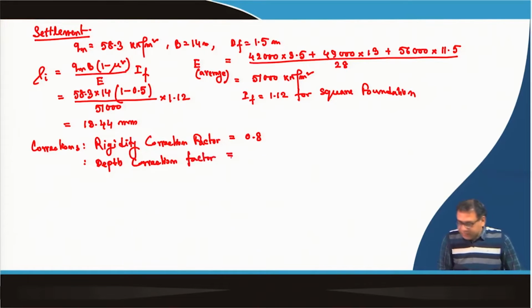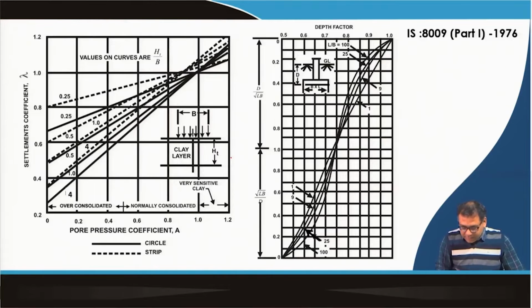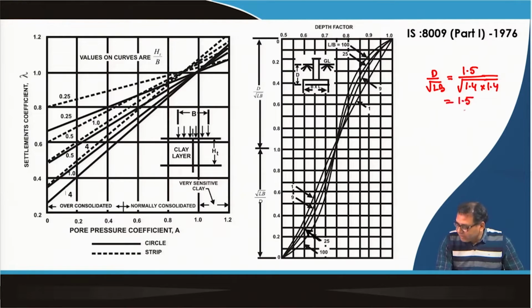So, that value is how much? I will use this chart. This chart is d by root over L B. So, d is 1.5, root over L B is, sorry, this is not 1.4, this is 14, because L is 14, B is also 14.